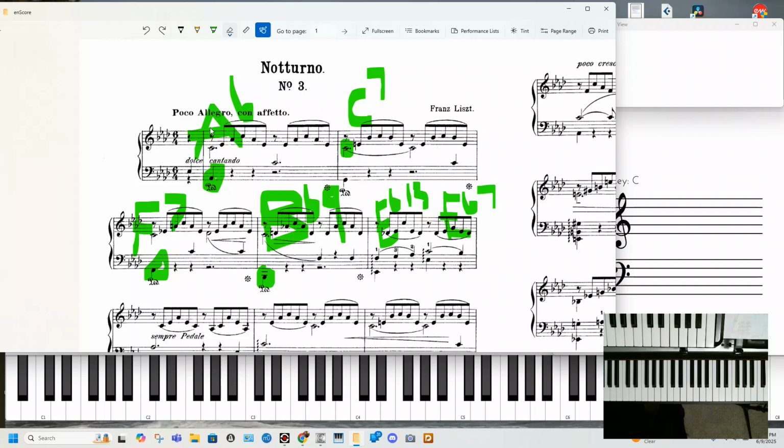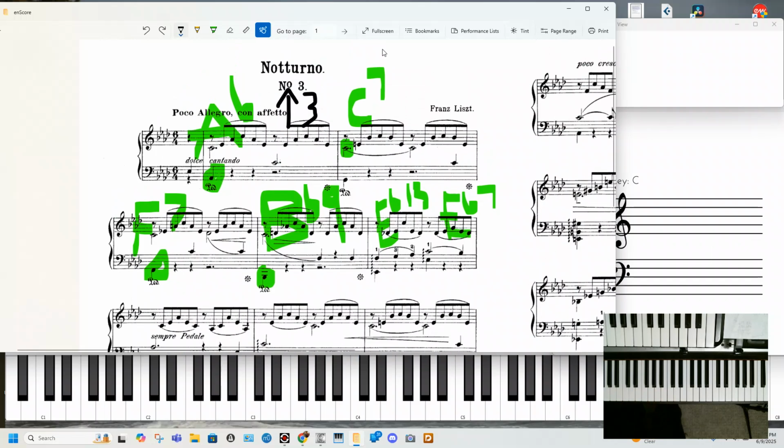Okay, so how does this help us understand why chord harmonic motion is important? Well, if we analyze the motion of the bass here, we see that our first motion is A flat to C, which is an ascending third. A flat, B flat, C. Right, we have a major third.